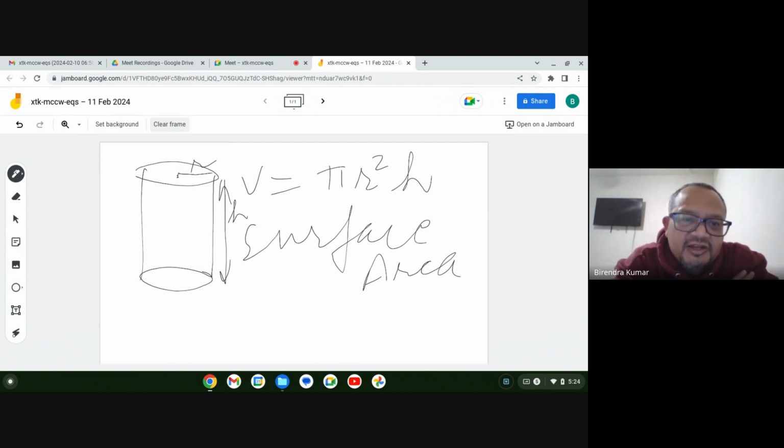I am not in a hurry to explain, or to do the formula for cuboid and cube also. I want to spend some quality time on this one. If you have to find out the surface area of the cylinder, how will you find it? Go step by step. Think like a baby, okay? You'll find the answer.